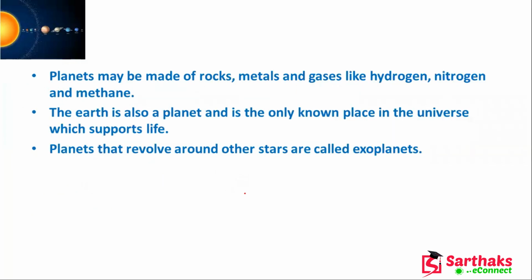Planets may be made of rocks, metals, and gases like hydrogen, nitrogen, and methane. The Earth is also a planet and is the only known place in the universe which supports life. And planets that revolve around other stars are called exoplanets.